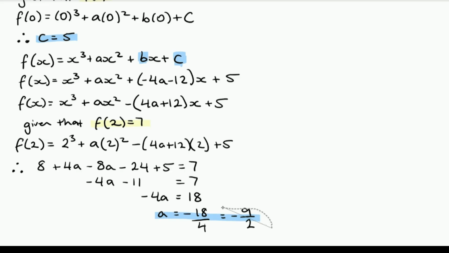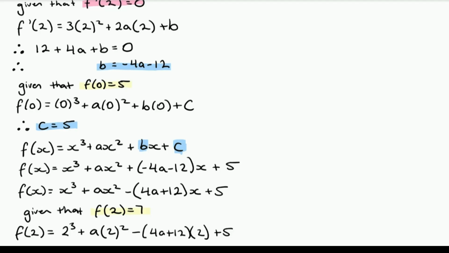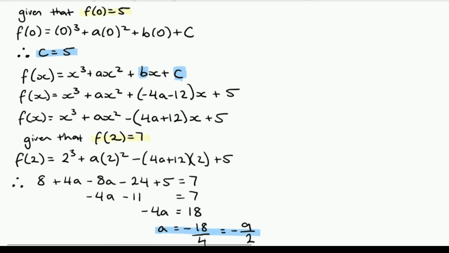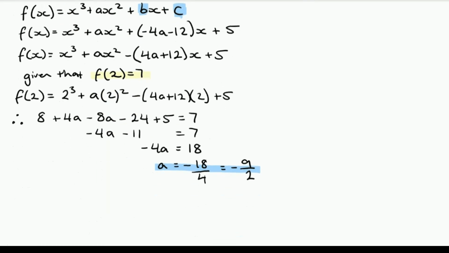So because we have this a down here, I can actually use my b up here to solve for what b actually is. So coming back down here, I can say therefore my b is equal to, now that was minus 4 times minus 9 on 2, take 12.